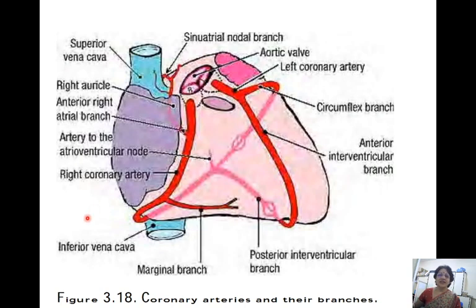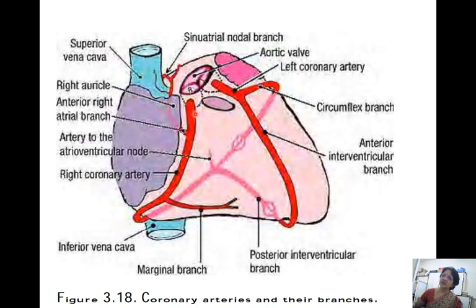This is the usual diagram in your guidebook, which is easy to draw, where you can draw all the branches. Draw the right atrium, draw the right coronary, draw the right marginal branch turning down the corner. The light color is the continuation of the RCA on the posterior surface.